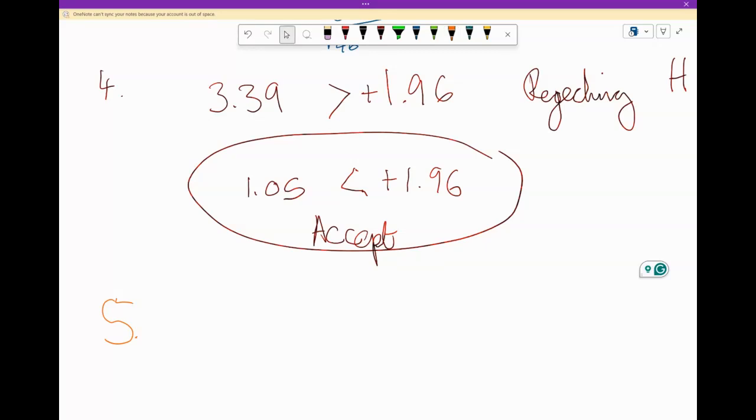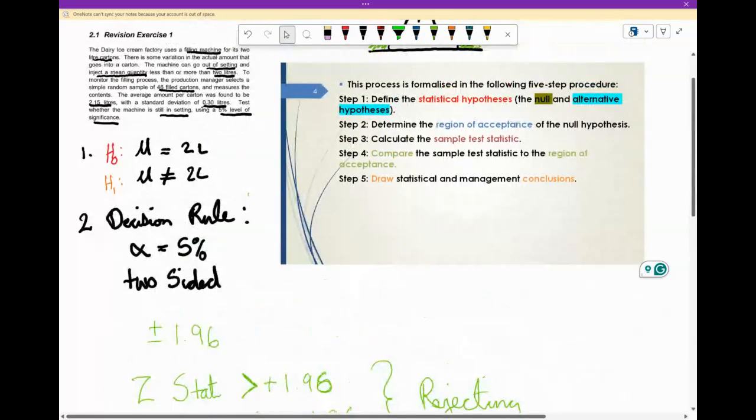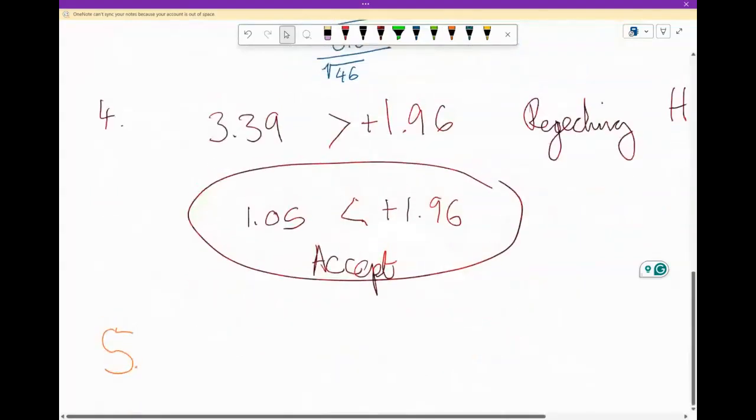And remember, what was our null hypothesis? Here we said our null hypothesis is that the average, or in other words, our containers of milk are 2 liters. Can you see? We said μ equals 2 liters. So we're saying no, our containers are not actually equal to 2 liters. Can you see that? All right, is it making sense?